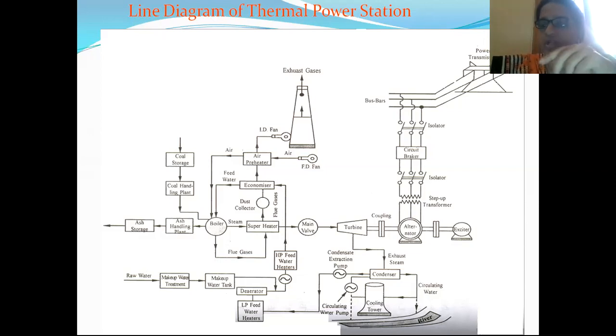Based on the rotations of your rotor, you will get the frequency of the EMF induced in the stator of the alternator. As you know, F is equal to Pn by 120, and the number of poles are fixed. By changing the speed of rotation of the turbine, or the speed output of the turbine, you can change the frequency of the alternator. Okay, right. Coming to the remaining parts, coming to the boiler.